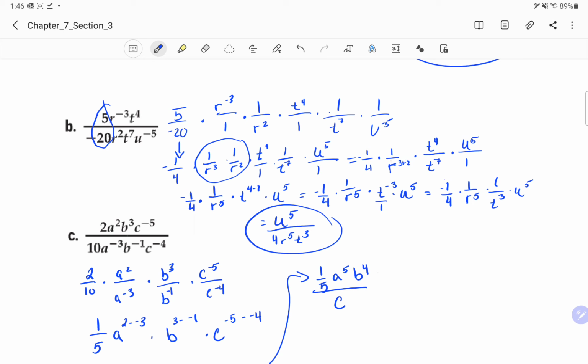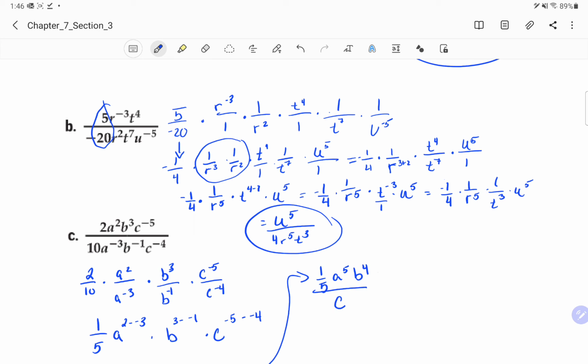So I added my exponents. So it became r to the 3 plus 2. That came from yesterday's stuff, or 2 days ago stuff. And then over here I had t to the 4th and t to the 7th. I put them in a fraction together because those were like bases. And then u to the 5th, that's the only u there, so it stayed by itself.